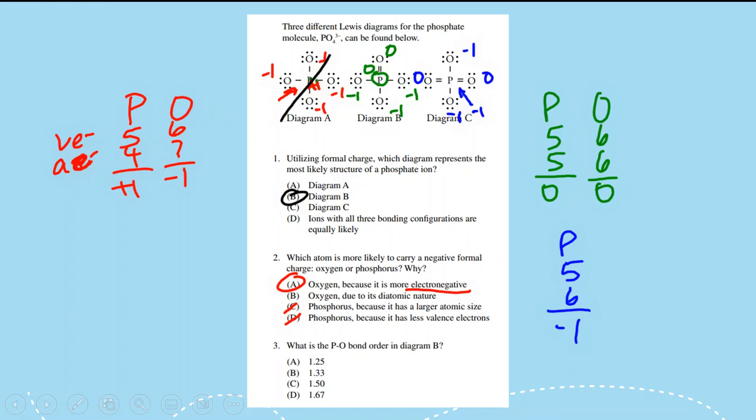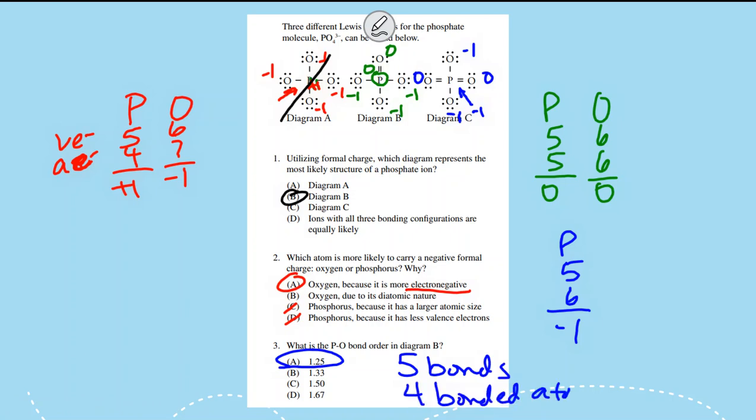What's 5 over 4? 1.25. Because we have 5 bonds, 4 bonded atoms. So to find the bond order, take the bonds divided by the number of bonded atoms, and there's your bond order. 1.25.